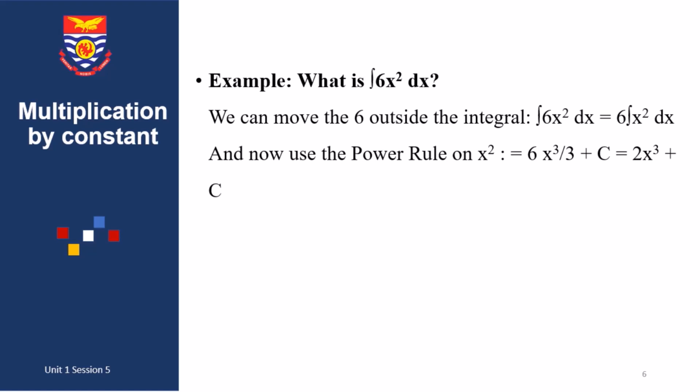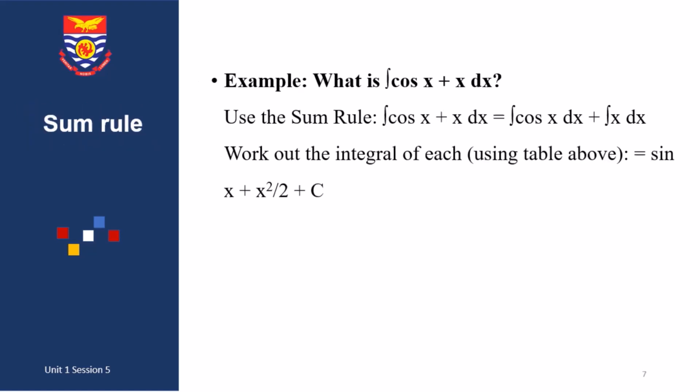So in this, we are going to have 6 times x to the power 3 divided by 3 plus c, which in essence will give us 2x to the power 3 plus c, because the 3 can enter into 6 2 times, and we'll get 2x to the power 3 plus c, which is our constant.